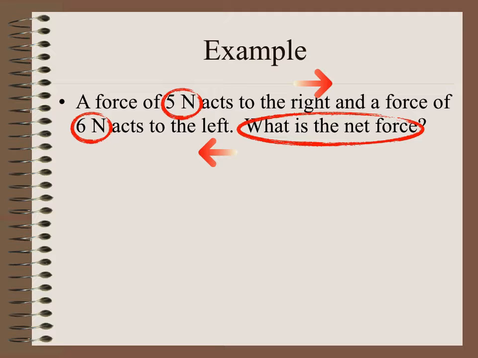Since these forces are going in the opposite direction, we would subtract them. 6 newtons minus 5 newtons and get 1 newton. If you need to know the direction of the net force, and you had to subtract, it would always be in the direction of the larger force. In this case, left. So 1 newton left. Now notice that there was no formula for this, but when you do your problem set, I'm going to expect that you are going to show whether you have to add or subtract to get your answer.